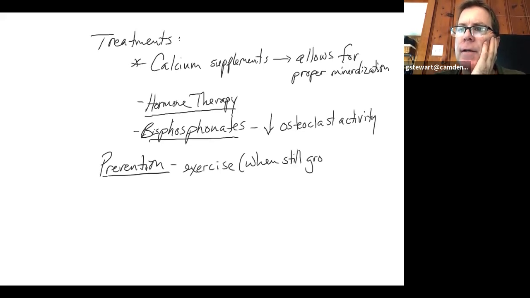The theory is if we have thicker bones, exercise promotes bone growth. So if we have thicker, stronger bones before osteopenia onset, then hopefully that osteopenia will not lead to something like osteoporosis.